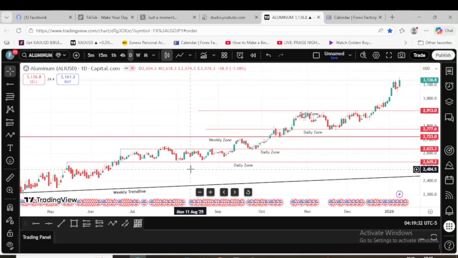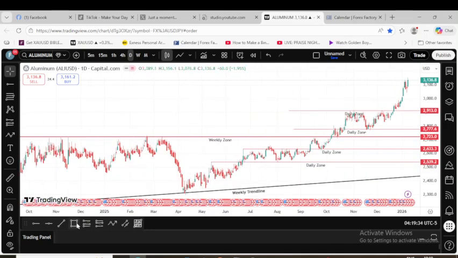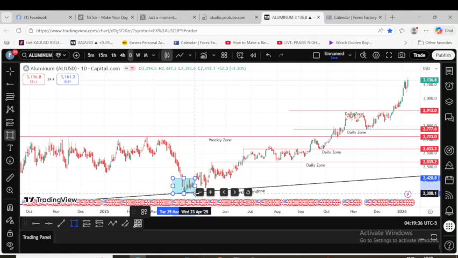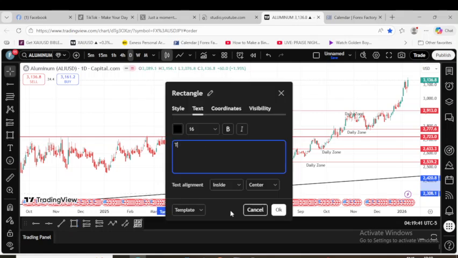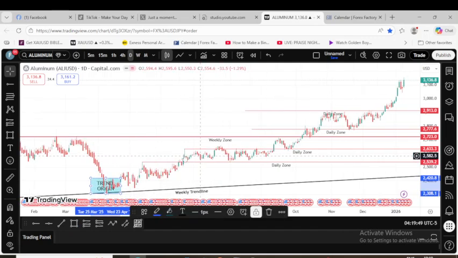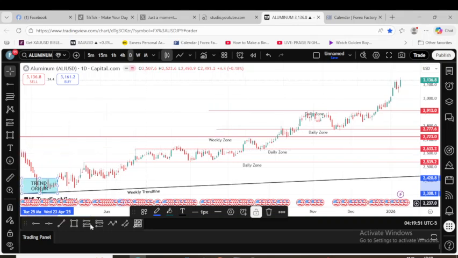This commodity seems to respect zones considerably. This is our trend origin. So let's start to identify our zones.